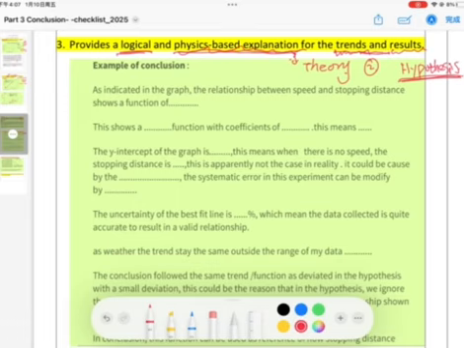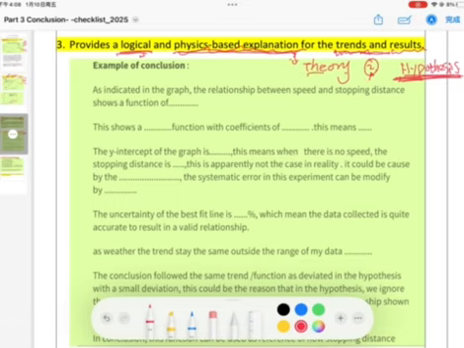So if you have done this in the hypothesis, you just need to quote the hypothesis in the conclusion and compare whether your conclusion supports your hypothesis or disagrees with it. Then you have some further discussion if they are not consistent, and which one you think is more reliable. That's the second aspect of the justification, that you use the theory.